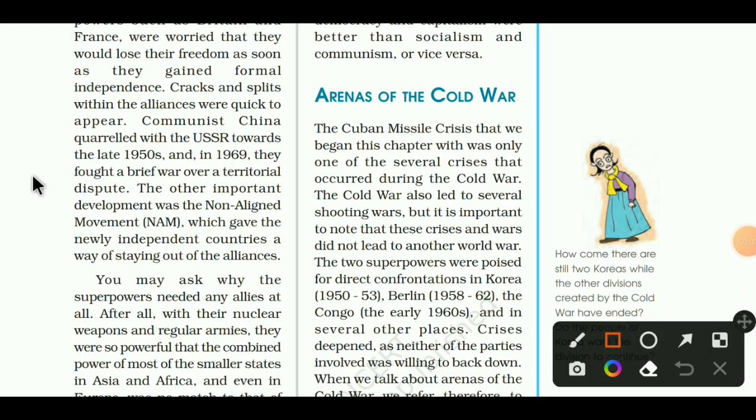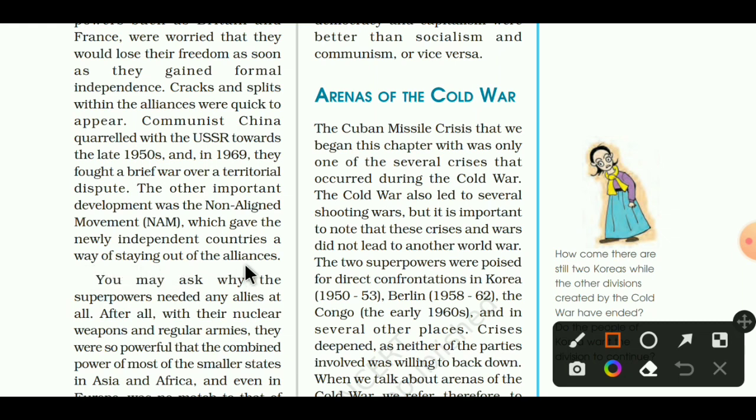One thing you need to know is that India played a very important and critical role in forming the non-alignment movement, because when the USSR or the United States of America asked India which side it supports, India said I want to create my own different world, that is the third world, and the third world is the non-alignment movement, which gave newly independent countries a way of staying out of the alliances.